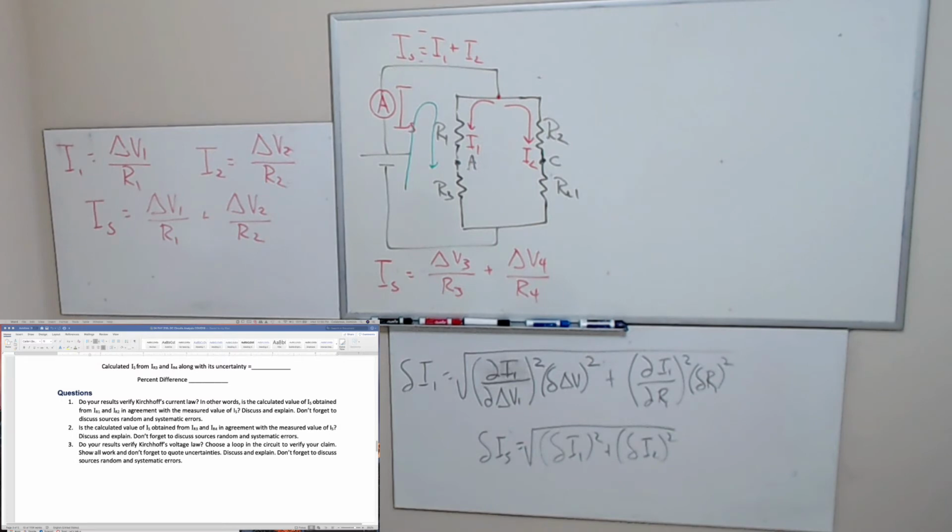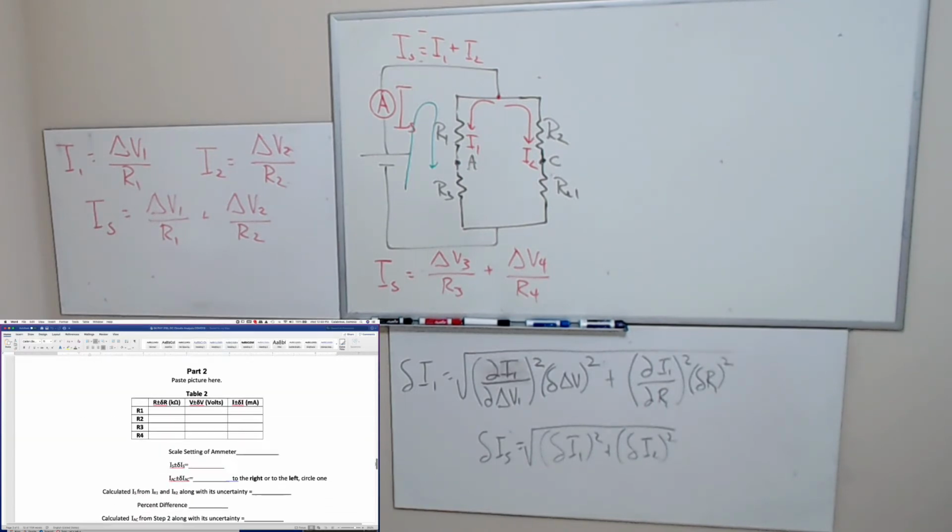Just say the loop consisting of these 2 resistors and the power supply, or the loop consisting of the 4 resistors. You don't have to draw it. Because the circuit is simple enough, you can just say it in words. As long as what you say conveys the meaning of what you're doing, that's fine.